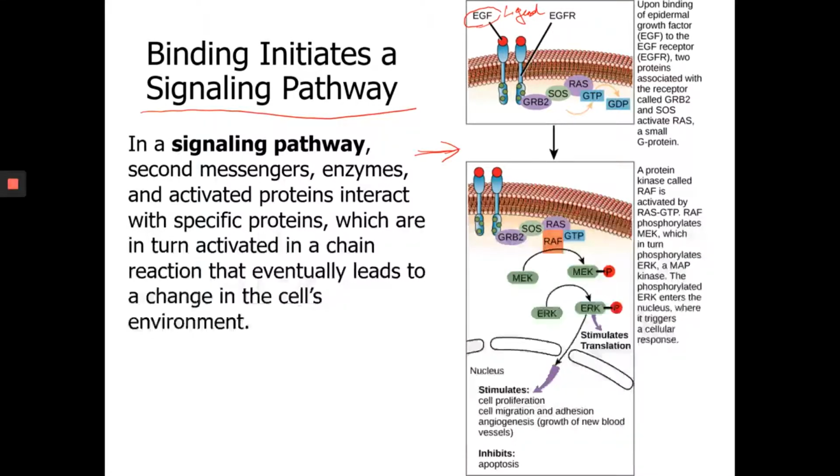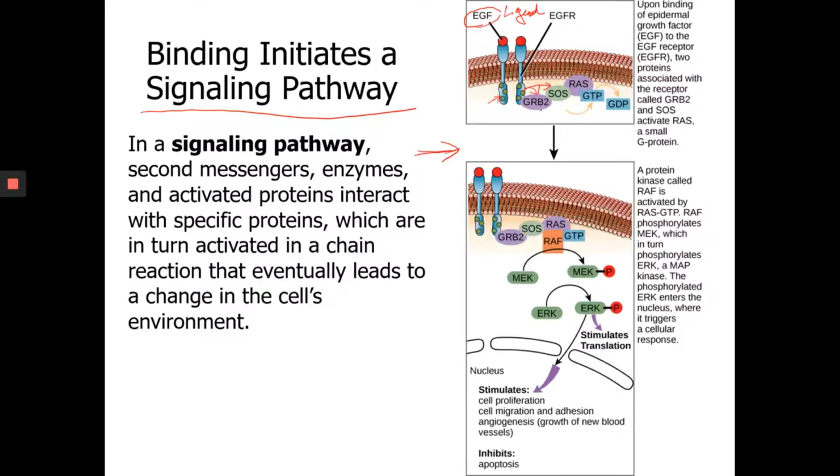So how does it make cells divide faster? It's going to bind to the cell surface receptor, and then the enzyme portion of the receptor is activated right here, and this enzyme is going to activate other enzymes. So it's going to activate GRB2 and SOS.